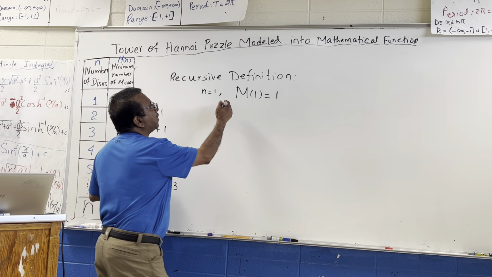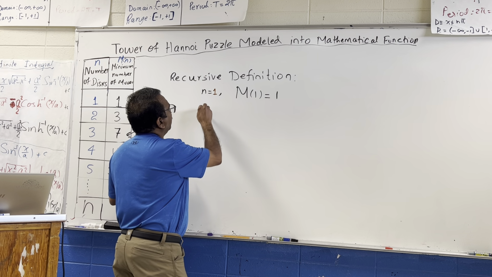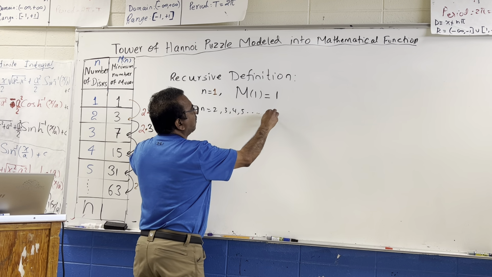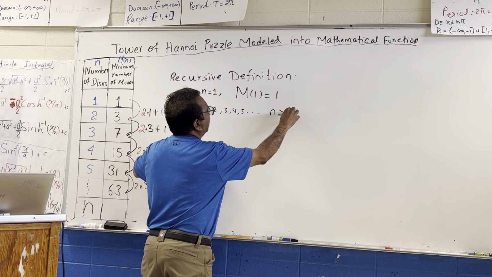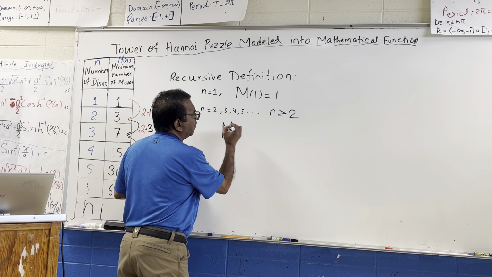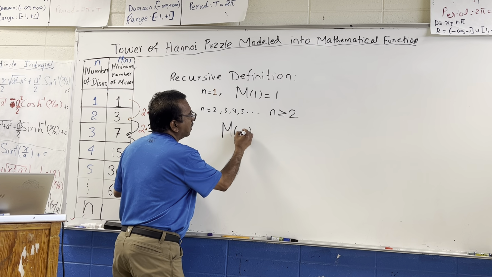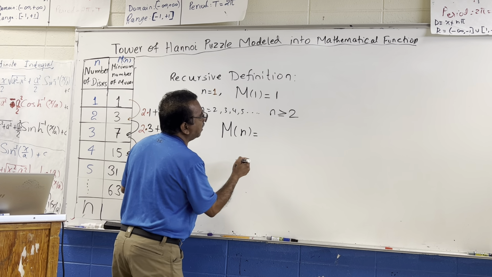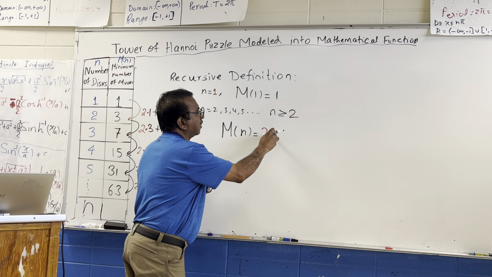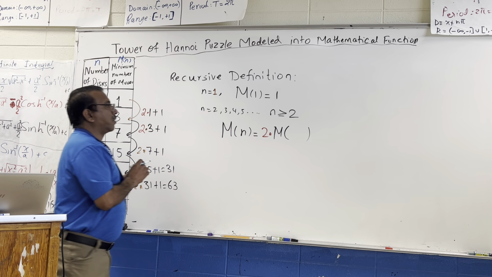So here, that means at any step, this is for n equals 1. What about n equals 2, 3, 4, 5, which also means, what about when n is greater than or equal to 2? That means the number of moves needed to move n disks is twice the number of moves in the previous.